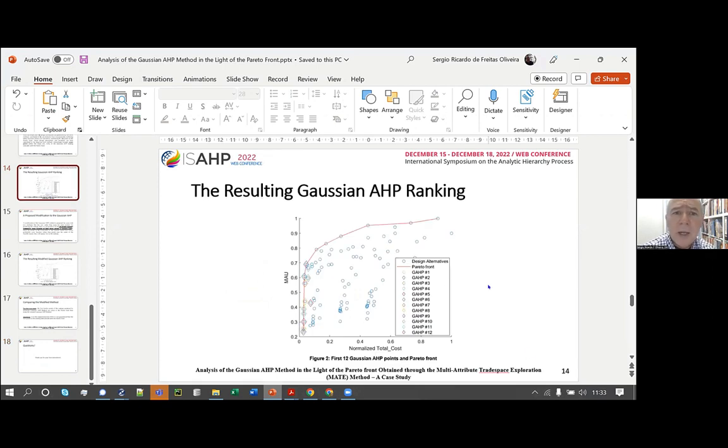When you have a bidimensional graph, in other words, when you have only two parameters, in this case the multiple attribute utility and the normalized total cost, it's very easy to identify the Pareto front, for example, by inspection. In the MATLAB application, you can click on the points that you intuitively think belong to the Pareto front, and MATLAB will identify those points for you.